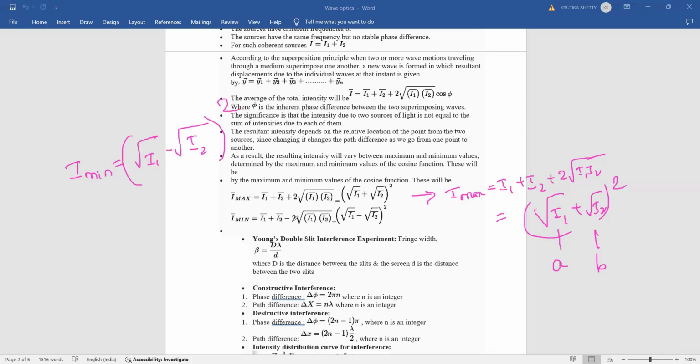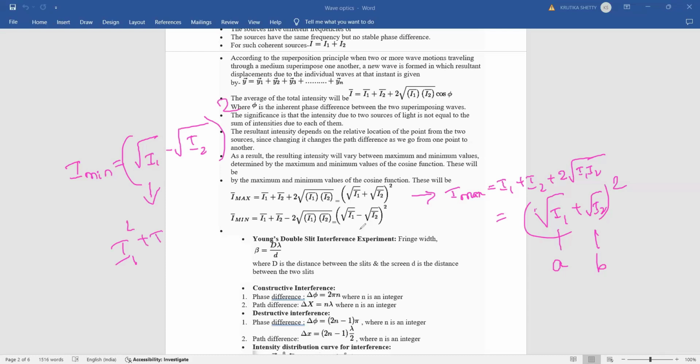But why is I1 square not coming here? Because our ab value is under root. If you take I1 with root of I1, the square and square root cancel, so only I1 remains. Therefore it is I1 plus I2 minus 2 root of I1 into I2, and that gives (root I1 minus root I2) whole square.